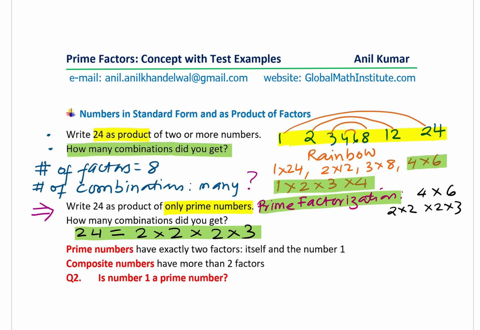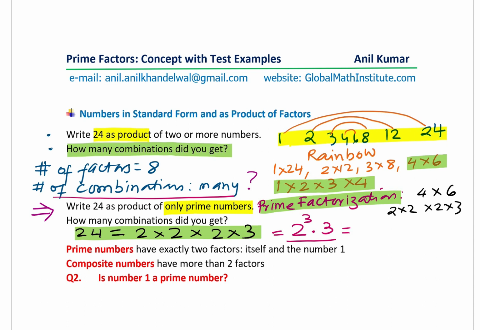Correct? So, here in this prime factorization, what do we have? We have 3 2's, that is 2 to the power of 3, times we have only 1 3. So, we have these many numbers involved. And from here, we can actually answer our previous question, which is number of combinations of these numbers. Well, we have 2's.